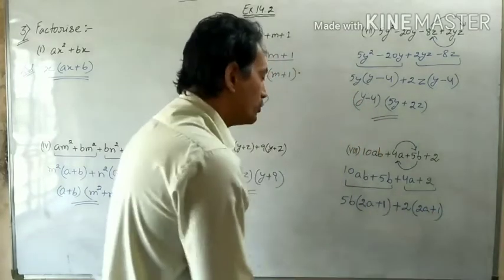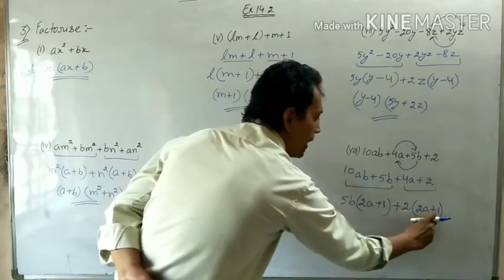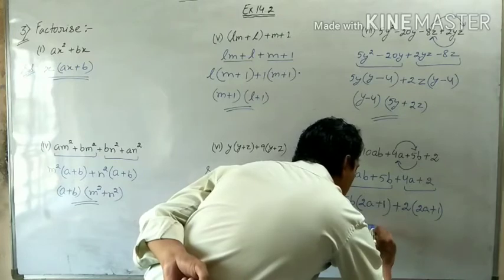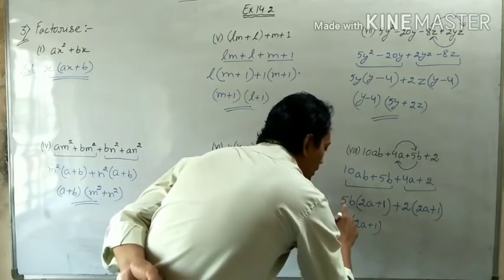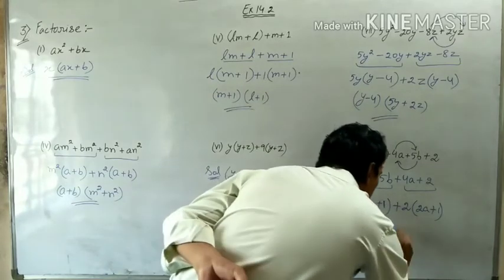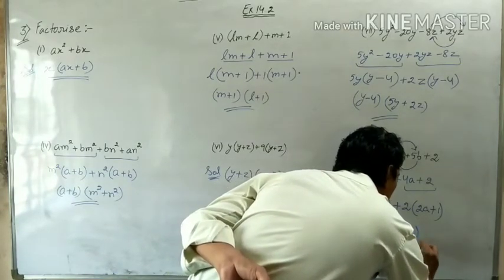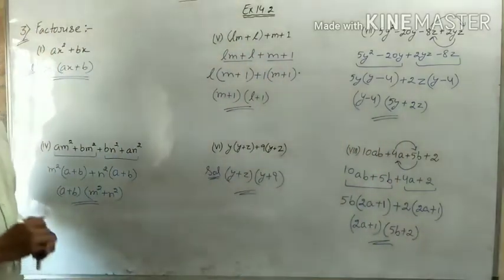Your sum is right because you get the same expression on both the sides in the bracket, 2a plus 1, 2a plus 1. Again taking the same thing as common because it is repeated twice, 2a plus 1, writing it one time, and the rest of the thing, 5b plus 2, in a separate bracket, 5b plus 2. So this is your factorization, students.